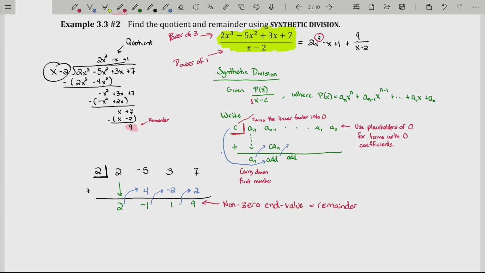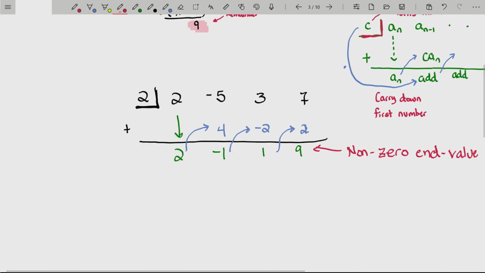Well, why am I saying that? Because this is the coefficient of x, not to the third, but to the second. It reduced the power by 1.